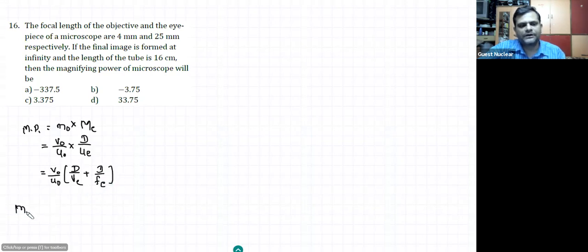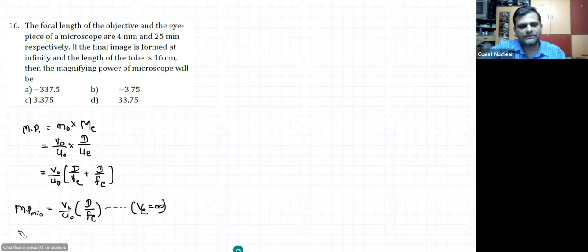So the minimum value of magnifying power of a microscope is obtained to be simply VO upon UO into D upon FE. But this is obtained only when the image is formed at infinity. Okay. Final image must be formed at infinity.